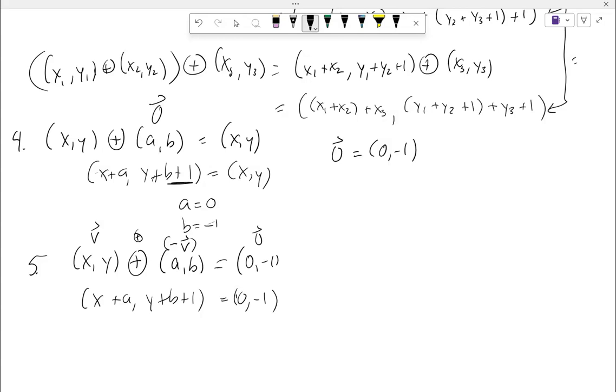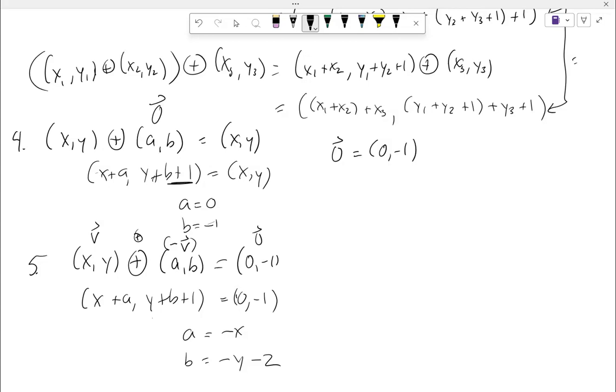So now, again, we should be able to pick what your a is and what your b is. What is a? -x. And what is b? Is -y minus 2, right? Because I have to get to -1. I need the -y to cancel out the y. I need the -2 to get all the way down to -1, right?